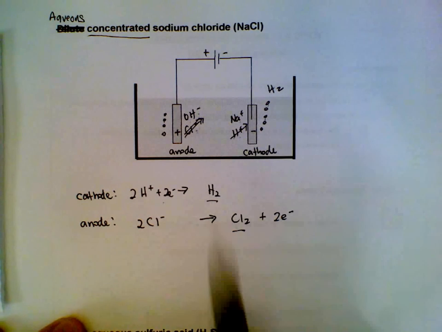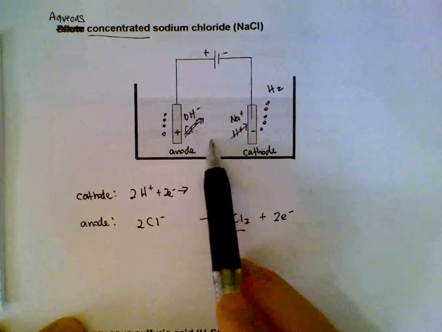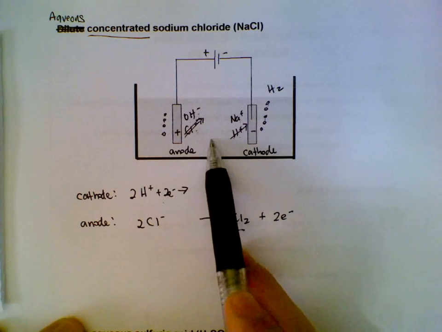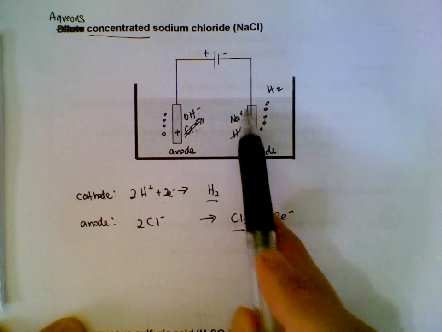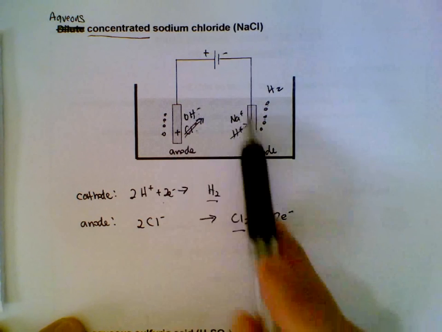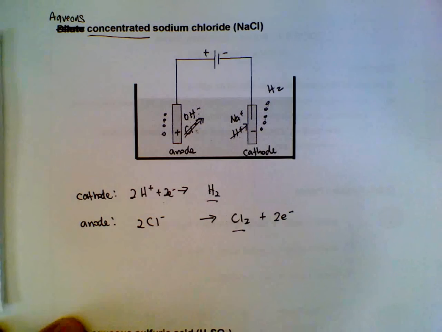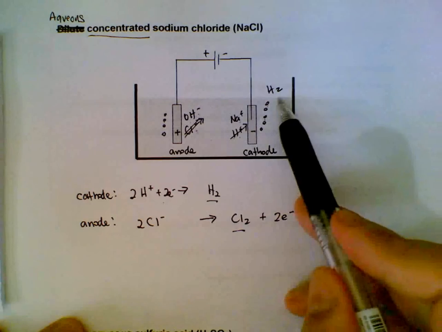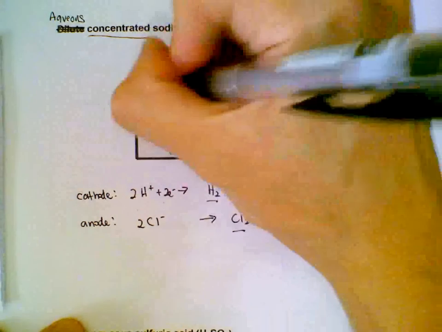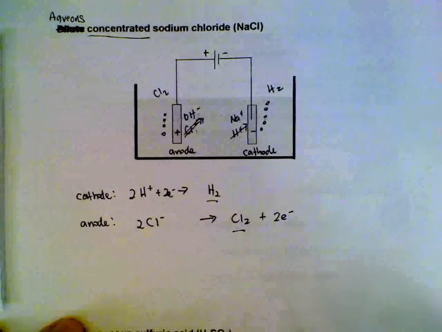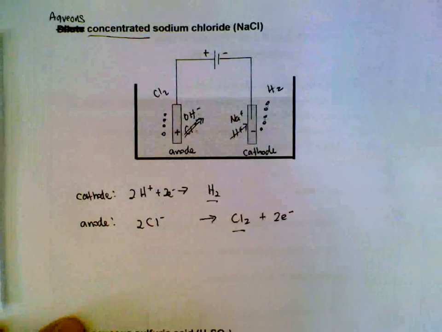So the pH in this case will be increasing. It will become less acidic. It will become more alkaline. And you realize that we actually get sodium hydroxide as a product in your electrolyte. So there are actually 3 useful things we can get from this electrolysis: hydrogen gas, chlorine gas, and sodium hydroxide.